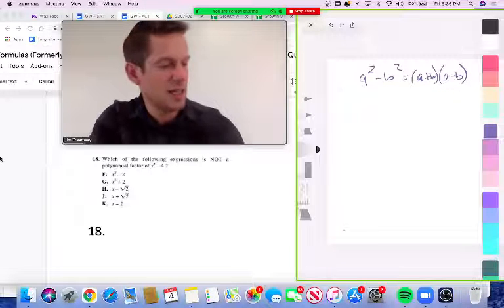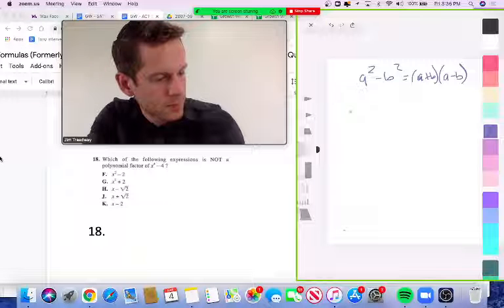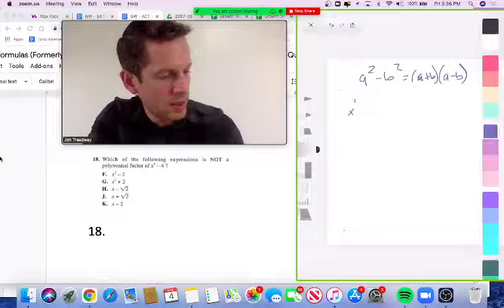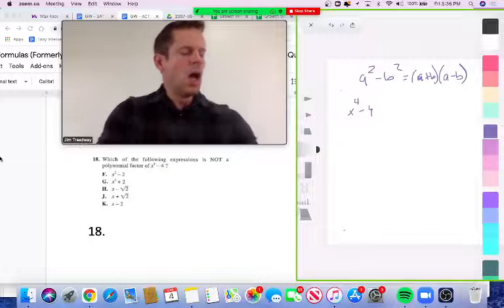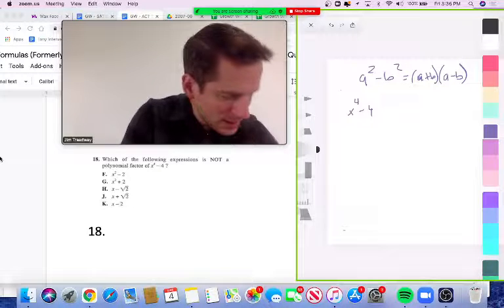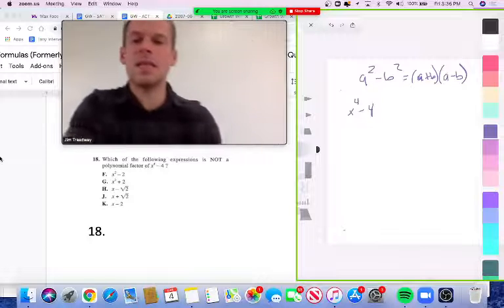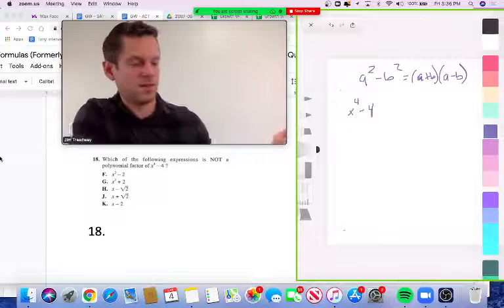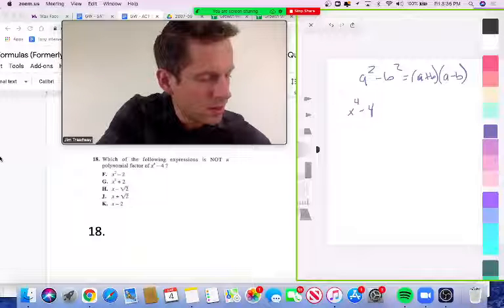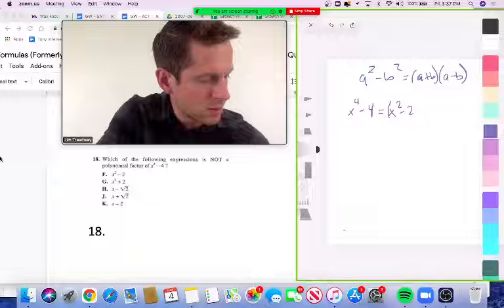This is an ACT math question. And we got x to the fourth minus 4. So the thing here is x to the fourth is actually the square of x squared. So we know that that could be written as x squared minus 2 and x squared plus 2.